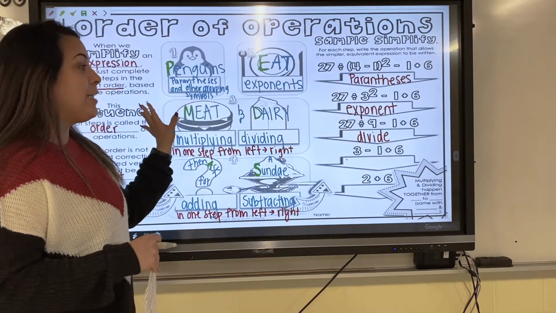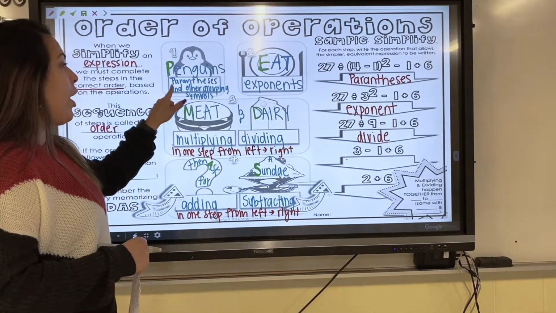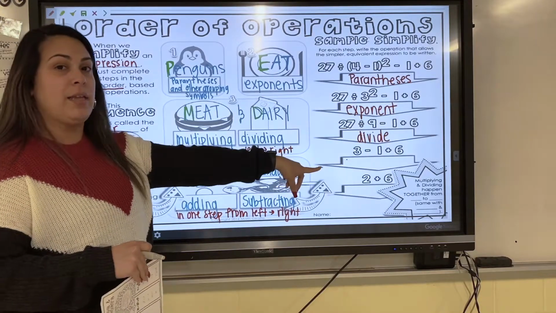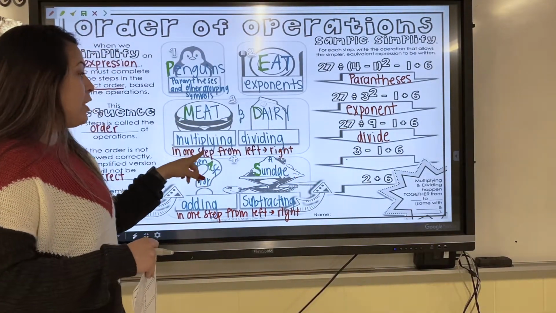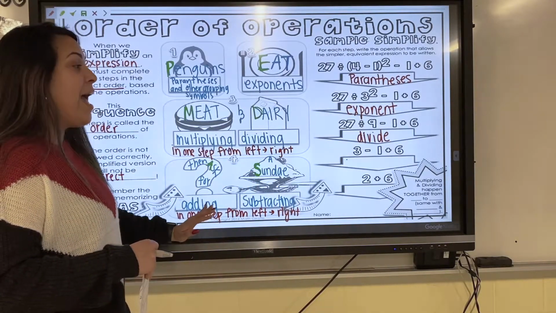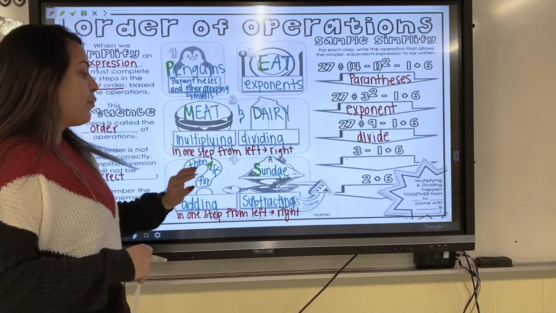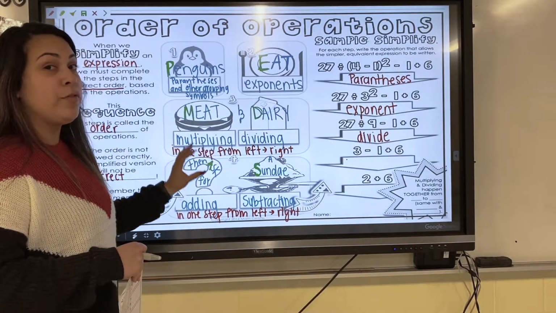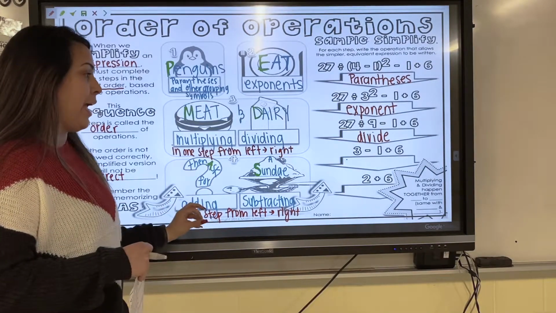So again, I need to see which operation I'm going to do next. So I already did parentheses. I don't have any there. I don't have any exponents. I don't have any more multiplying or dividing. So now I have adding and subtracting. That's my next step. But remember, when it comes to 3 and 4, we will do whichever one comes first from left to right.